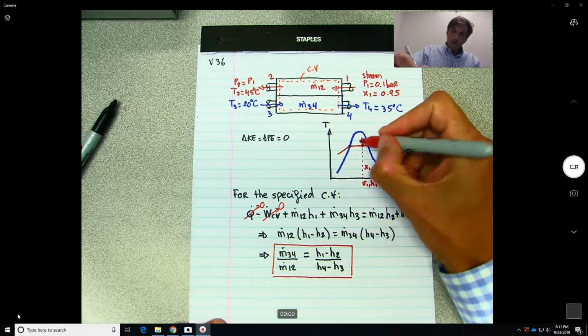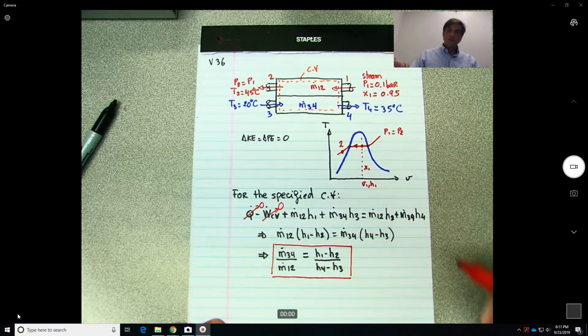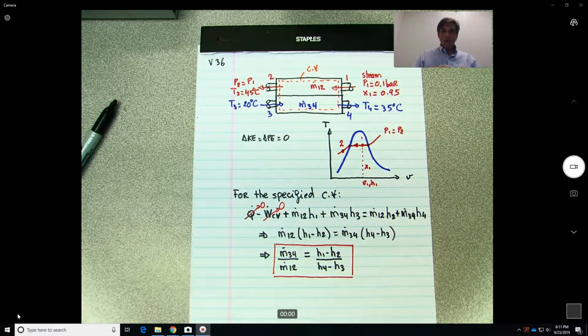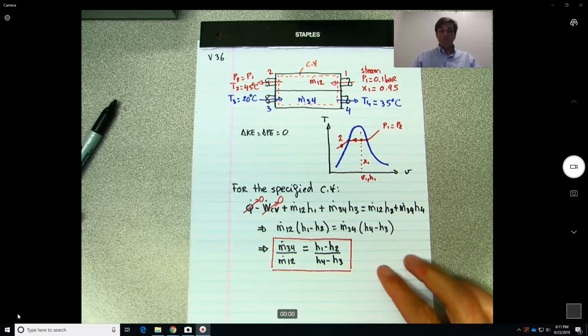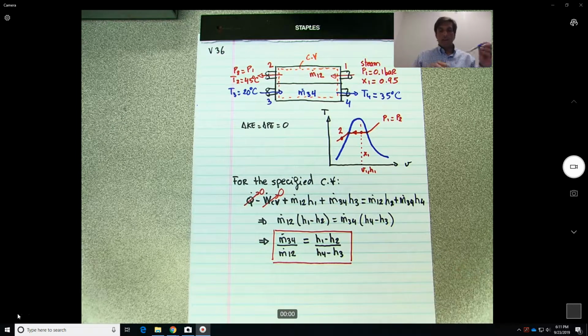Okay, and here we go from here, I'm guessing to here. So this will be for the steam or the hot liquid. Alright, so now what we need to do is find H1, H2, H3, H4.